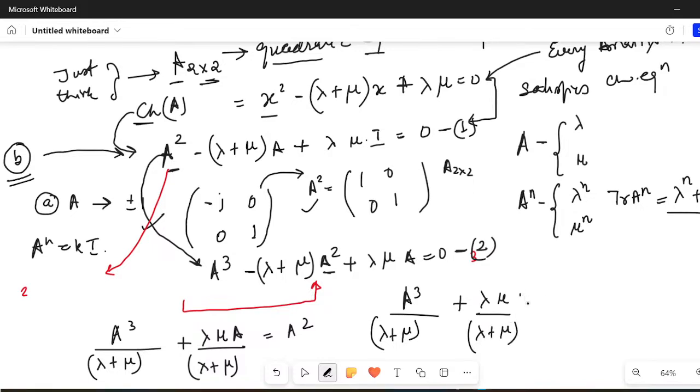And then I will have a minus lambda plus mu A, and then plus lambda mu identity is equal to 0, right? Is that clear?